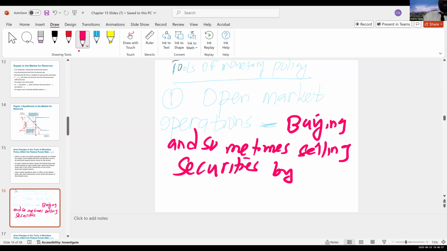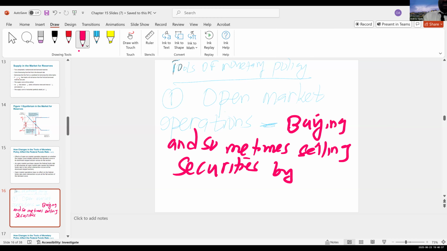The money supply equals the money multiplier times the monetary base. Remember this. We derived the money multiplier as 1 plus C over C plus R plus E. Just watch the lecture video of chapter 14, all of it, parts 1 and 2. We did all this, times the monetary base.